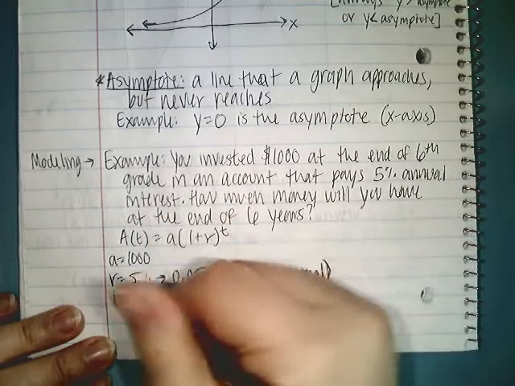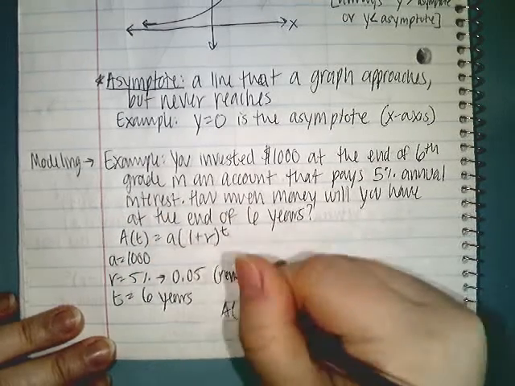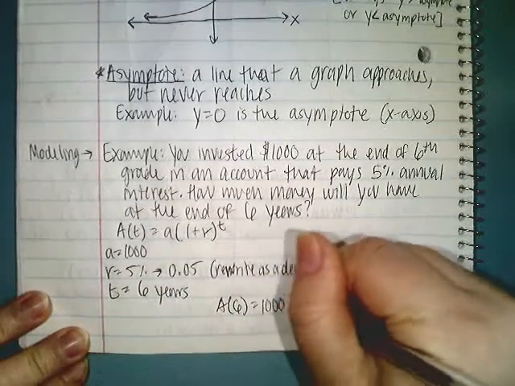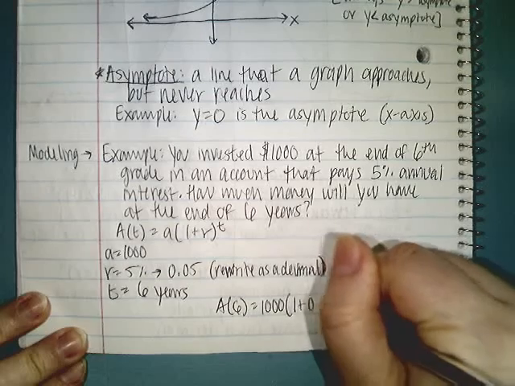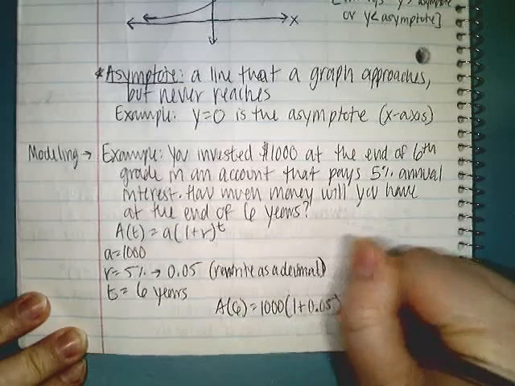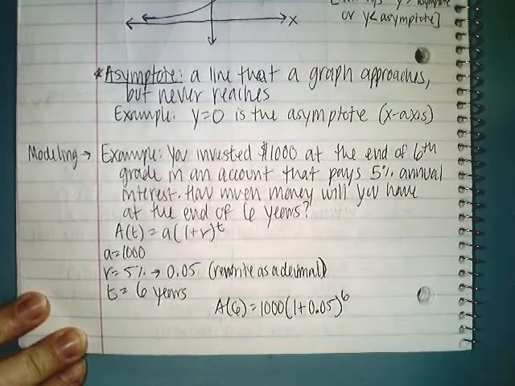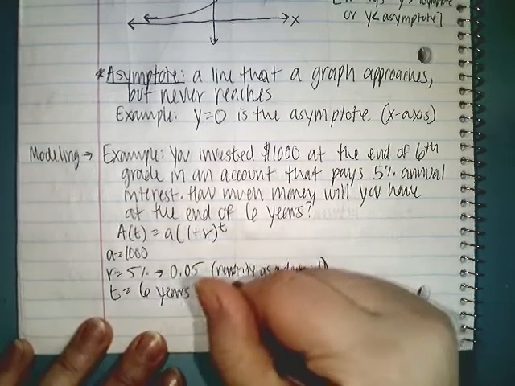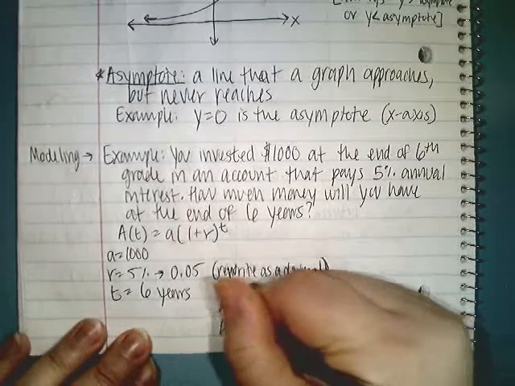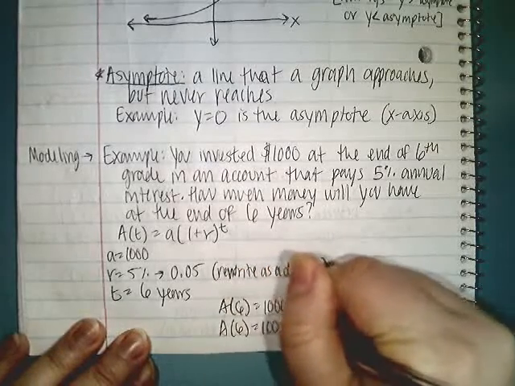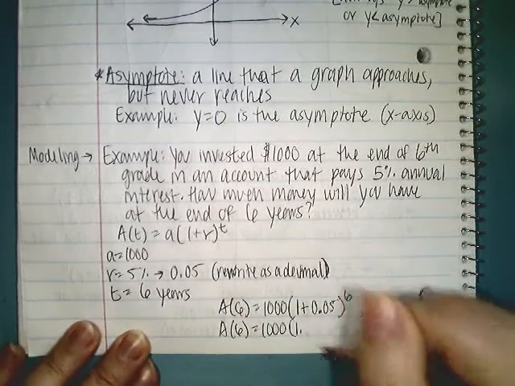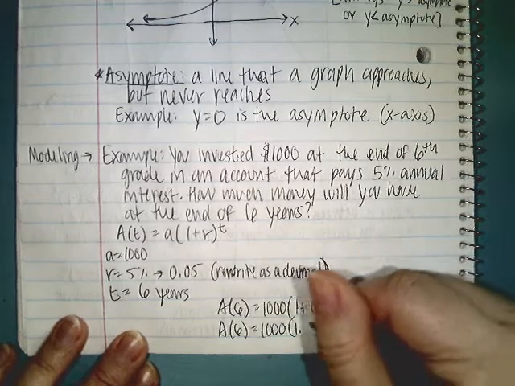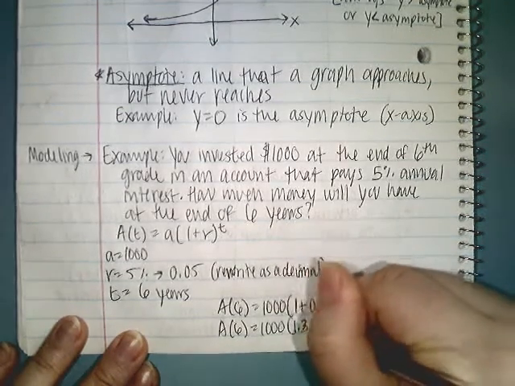If I plug that all in, I get A of 6 is equal to 1,000 times 1 plus 0.05 to the 6. I would plug this into my calculator, and I won't show you plugging it in right now, but I get 1,000 times approximately 1.34 something, 3, 4, dot, dot, dot.